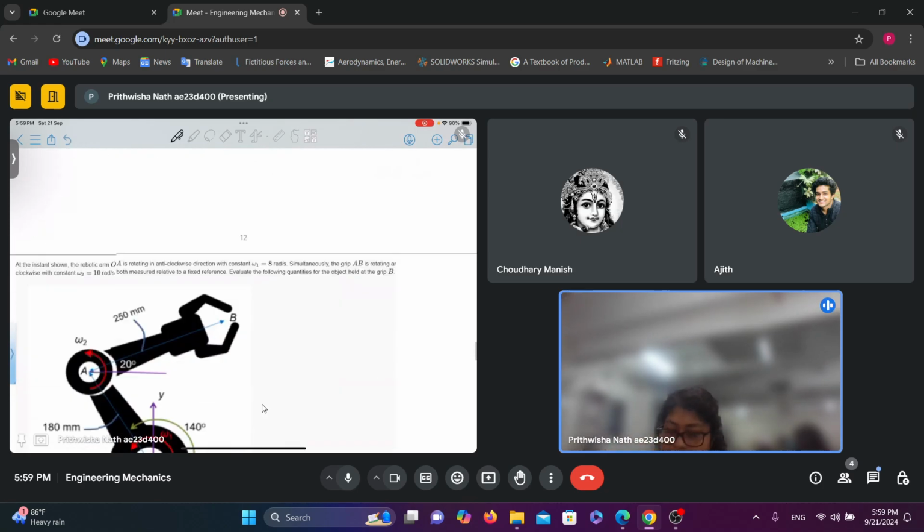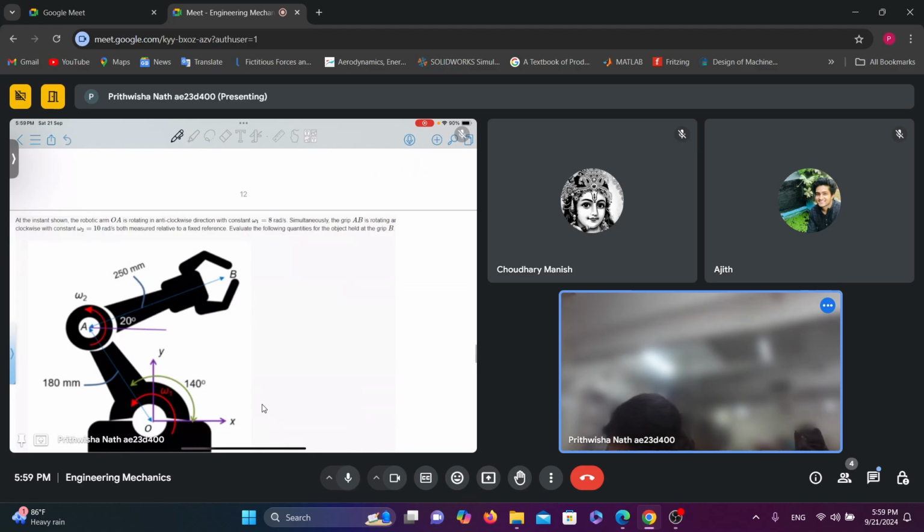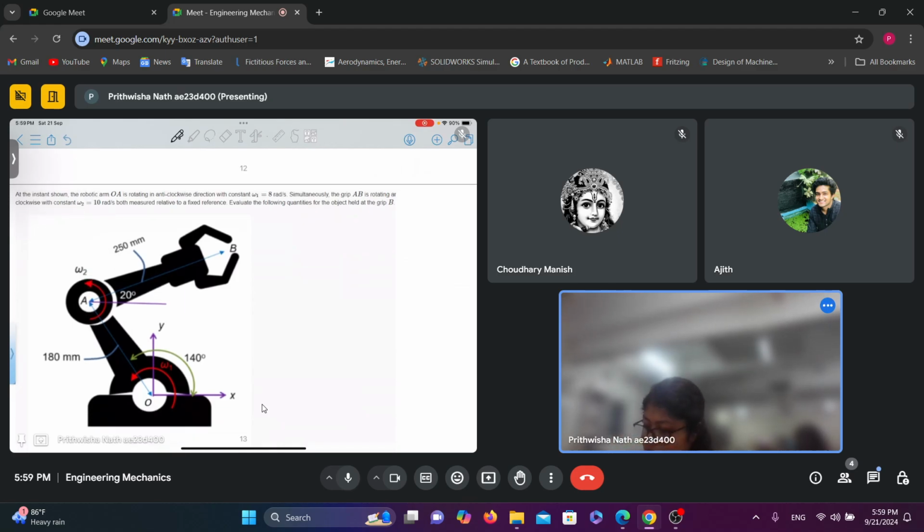So the next problem. The robotic arm OA is rotating in the anti-clockwise direction with constant omega 1 equals 8 radians per second.